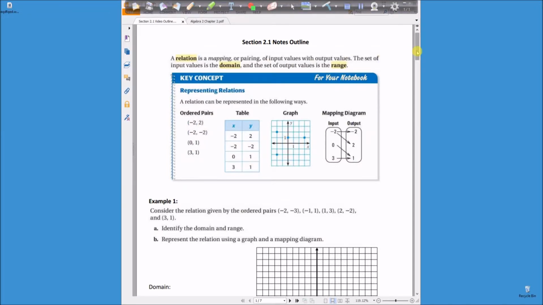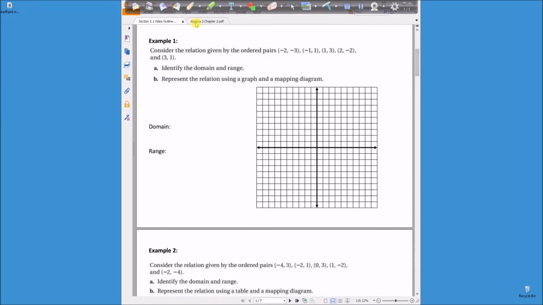So let's go ahead and answer an example here. Example 1 says, consider this relation given by these ordered pairs. It says identify the domain and range. So again, domain usually means X values, range Y values. So these are all our X's.